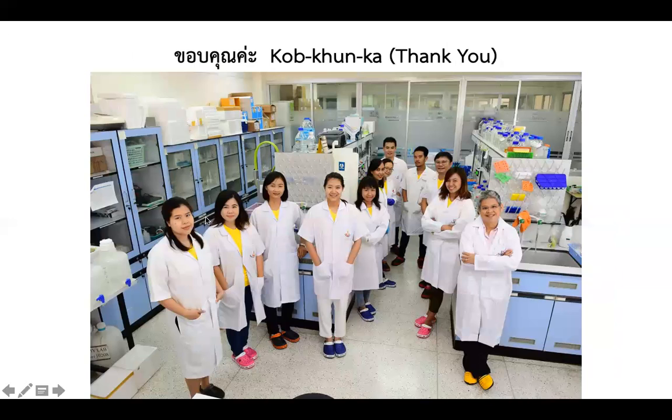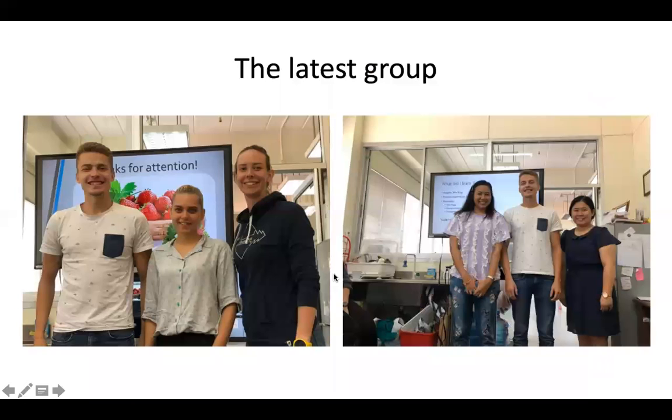This is the picture of the people in my laboratory. I think she's the one who worked on chitosan oligosaccharide, and he's working on mannose oligosaccharide, and he is also from Cambodia. I have a student from Cambodia, from Myanmar. I used to have students from Vietnam as well. And this is the latest group.